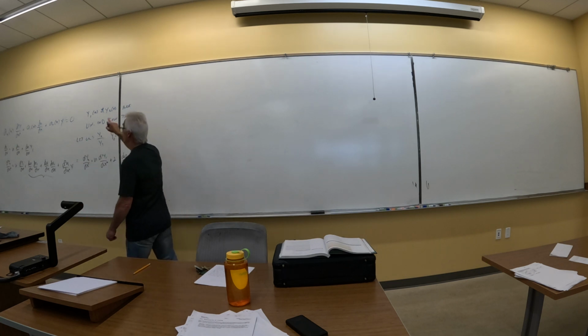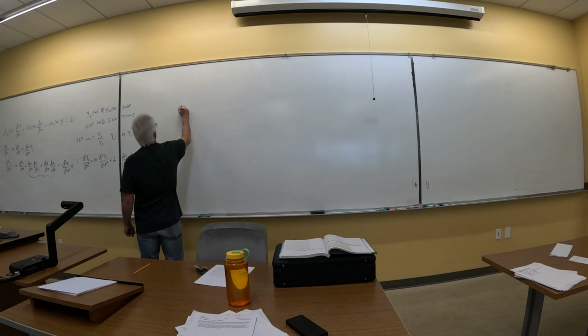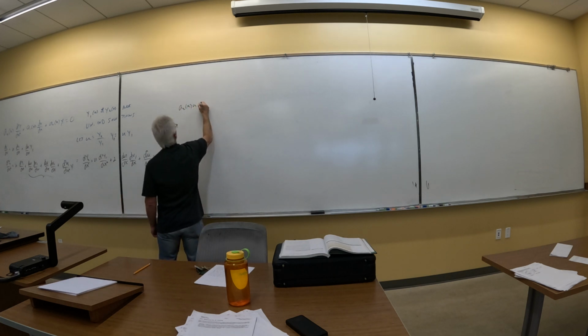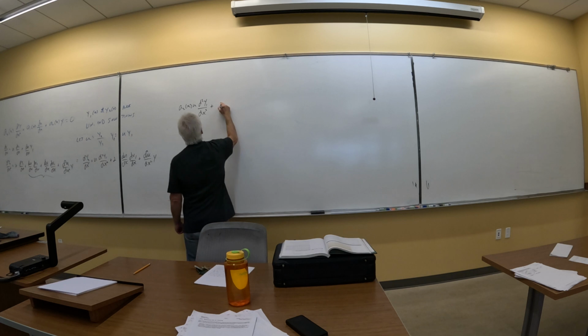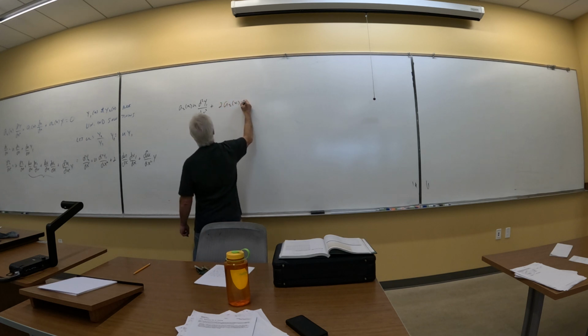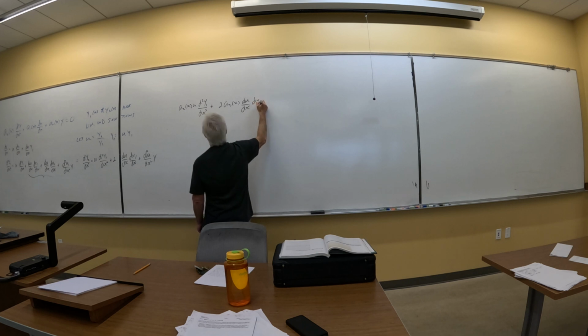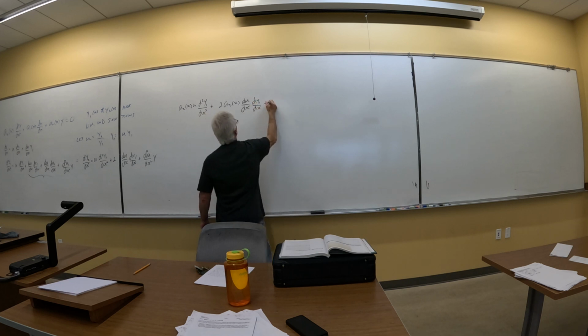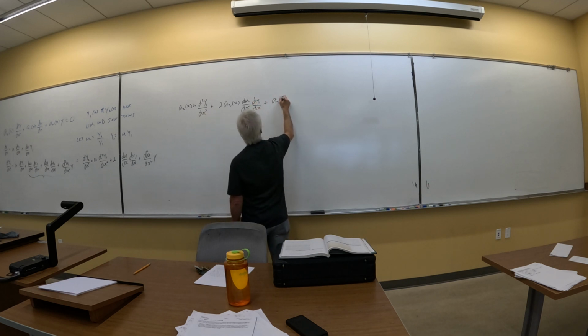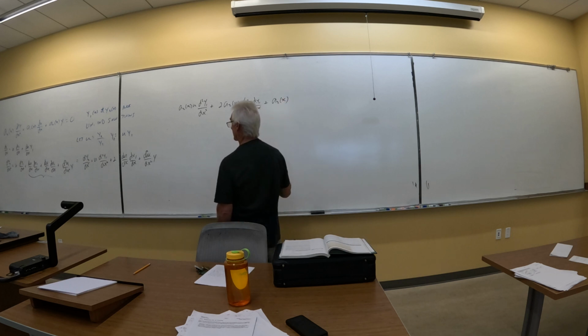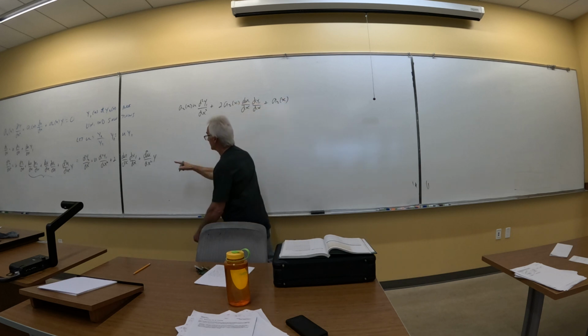So I have this times a2 of x, by the way. So a2 of x, u, second derivative, plus 2a2 of x, plus a2 of x, and the last one will be second derivative.